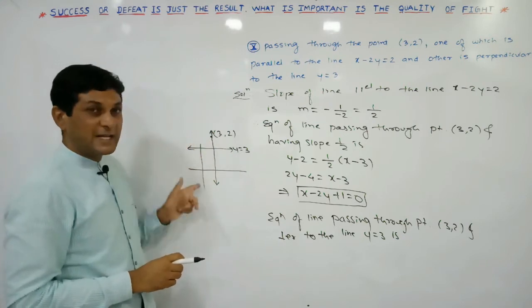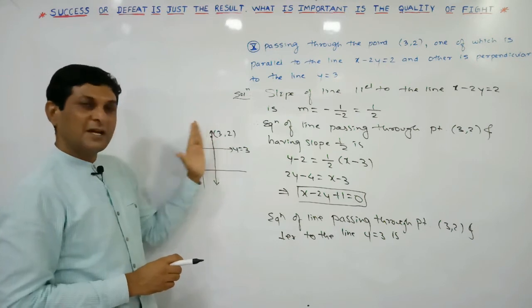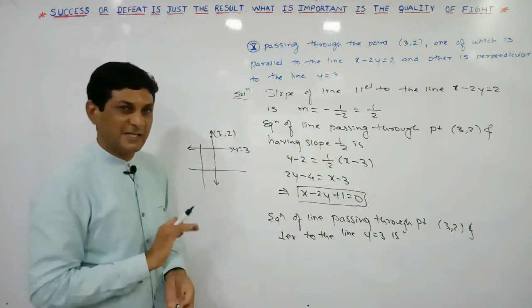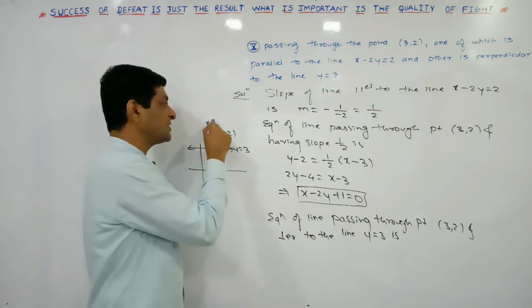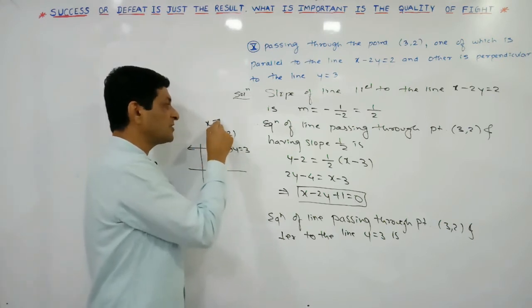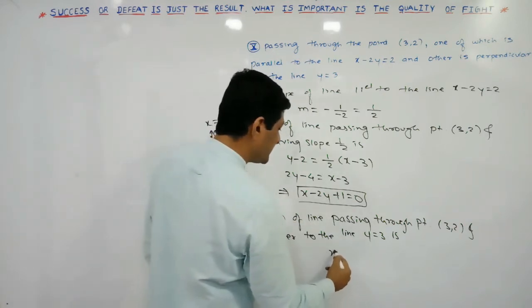Parallel to the y-axis, because this line is parallel to the x-axis, so definitely the required line is parallel to the y-axis. And we know that if a line is parallel to the y-axis, the equation is in the form of x is equal to a constant. What is that constant here? 3. So x is equal to 3.